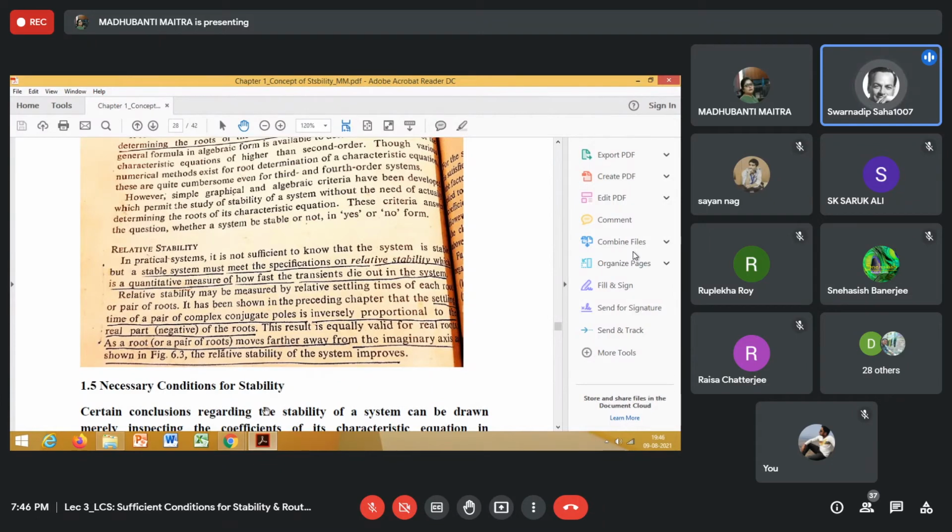Ma'am, settling time, relative damping. Relative damping, what is relative damping? Damping ratio. Settling time, yes, I can accept that one. In time domain, settling time. And peak overshoot, yes, it's not actually indicative of stability.